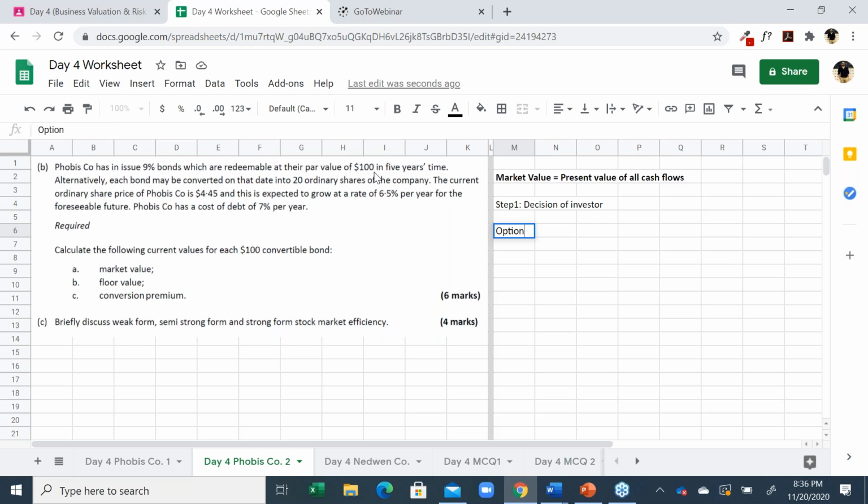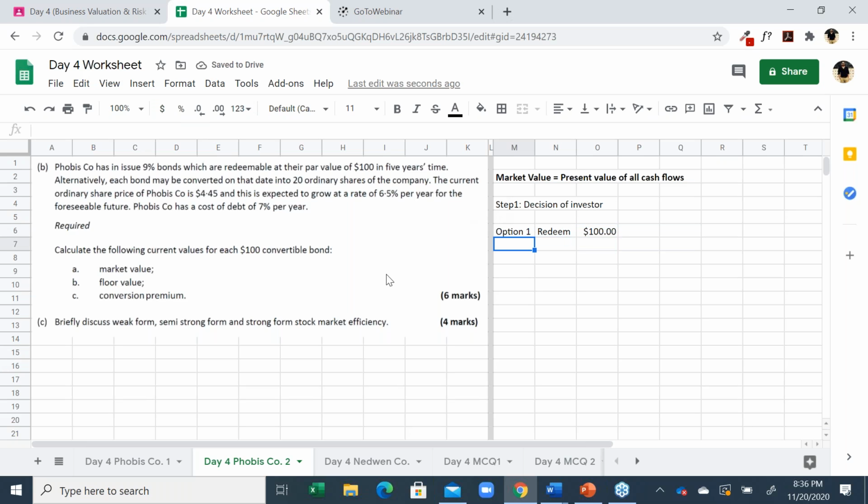Option one is to redeem. And if it redeems, what is going to happen? Let's read the question. Forbes company has in issue 9% bonds which are redeemable at their par value of $100 in 5 years time. So it will be redeemed at par value. So against every bond, the investor will be getting $100. So this is the first option.